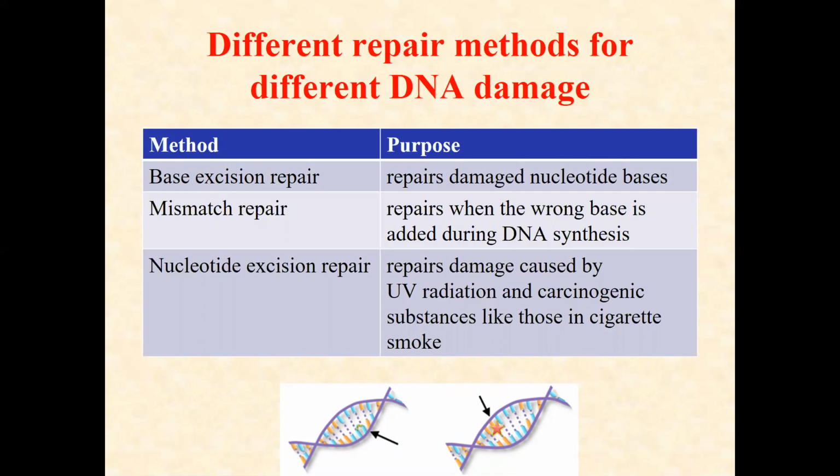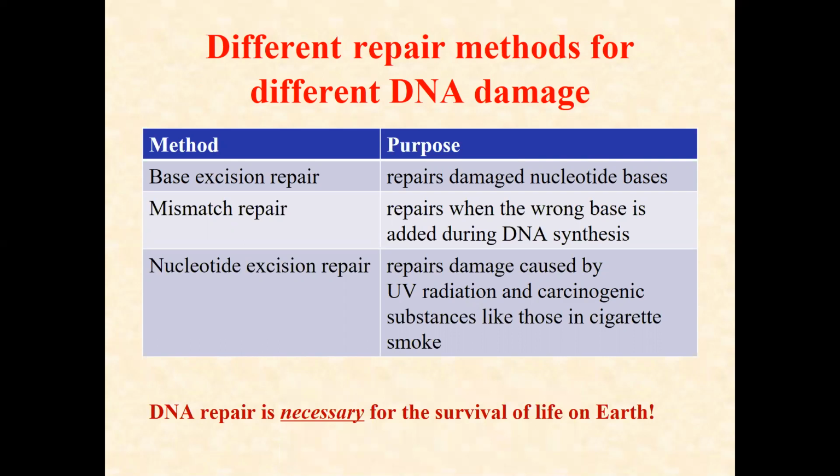During DNA replication, sometimes the wrong base is incorporated into the DNA strand. This type of damage is repaired by a method called mismatch repair, because there is a mismatch between the normal base pairing of the DNA molecule. The damage caused by UV radiation and carcinogens like cigarette smoke is repaired by a method called nucleotide excision repair.